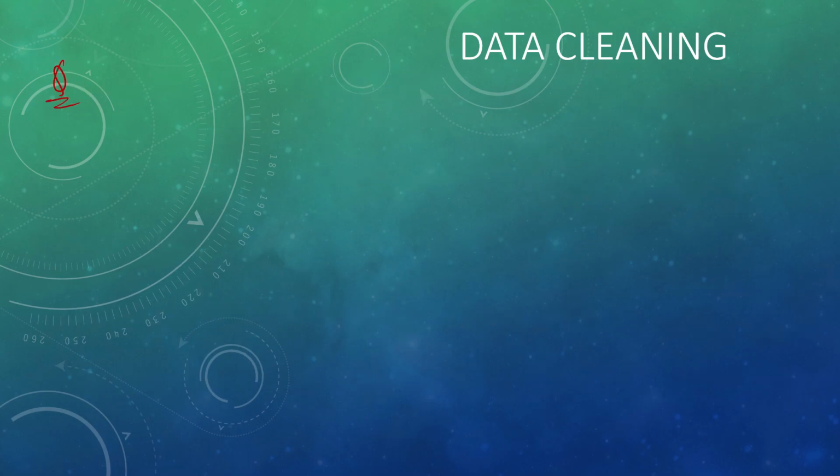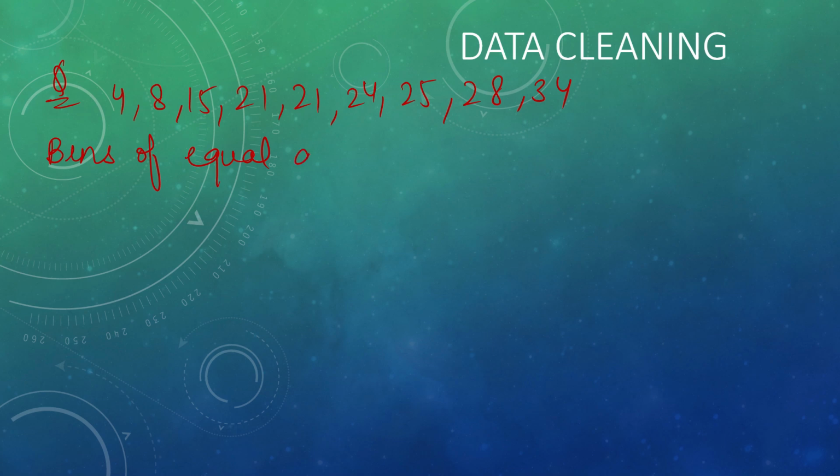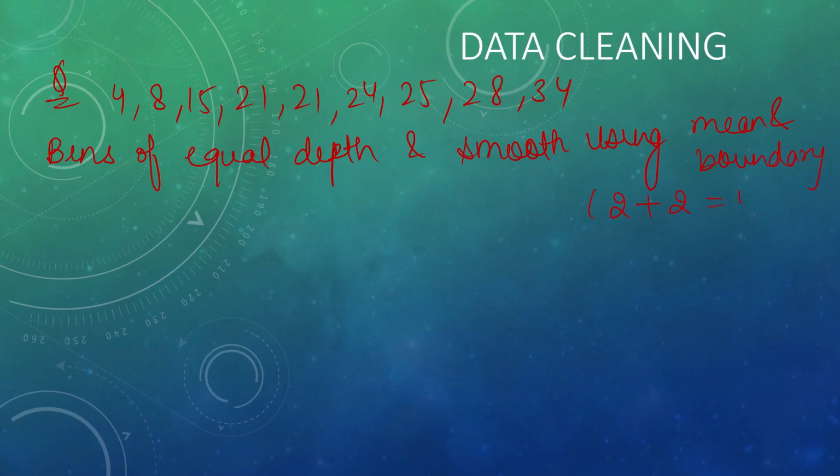So write down a question where you have elements 4, 8, 15, 21, 21, 24, 25, 28, and 34. Now you are told to make bins of equal depth and smooth using mean and boundary. This will be a 2 plus 2 4 marker.